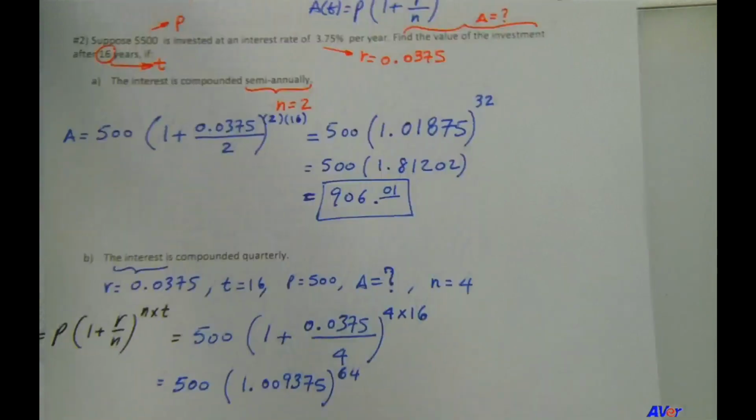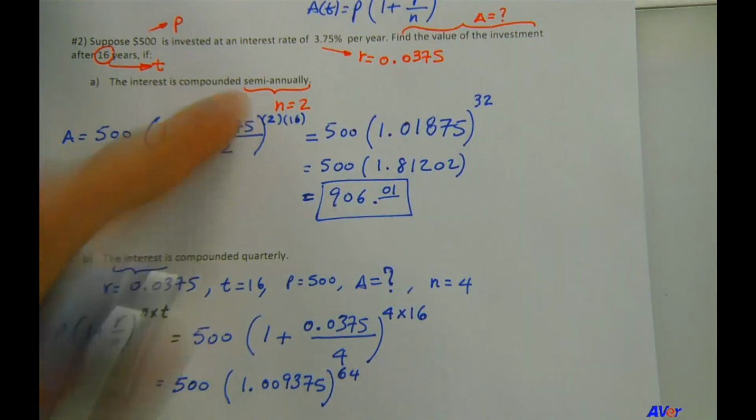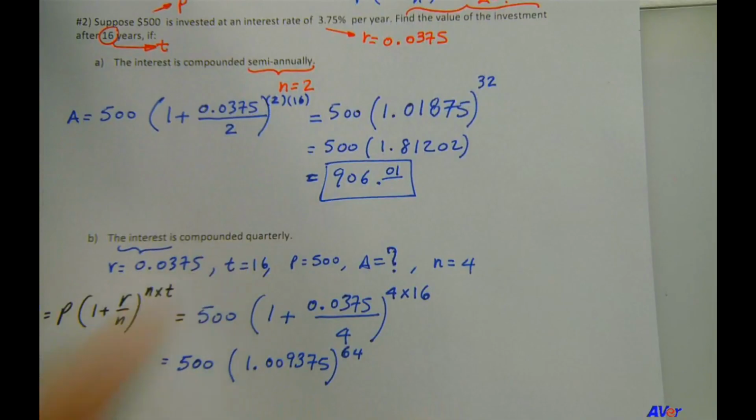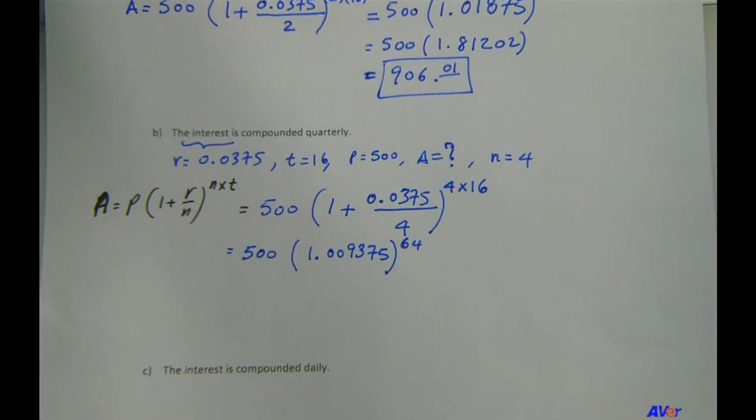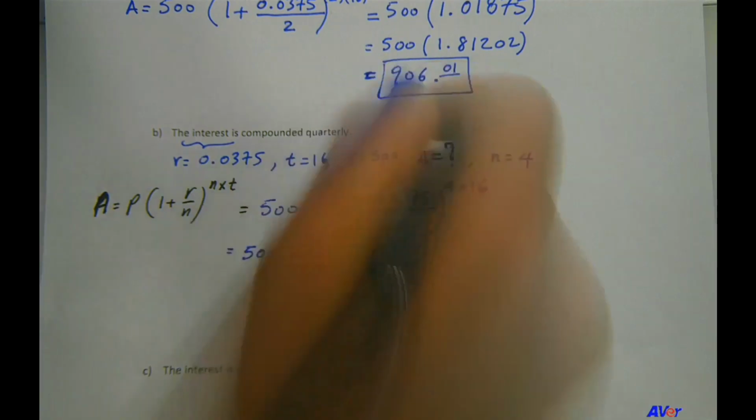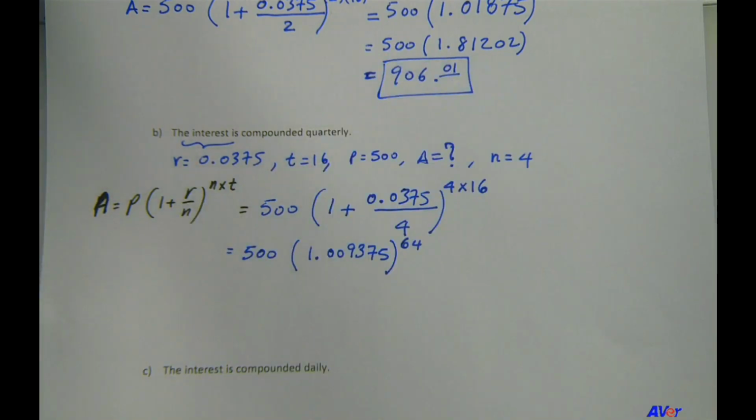Because in part A, that was happening twice a year, now it's happening 4 times. And in part C, it's happening daily, so even more frequently. When that happens, the money is accumulating faster because it's accumulating that interest at a faster rate. Okay, so we expect this amount to be higher than $906.